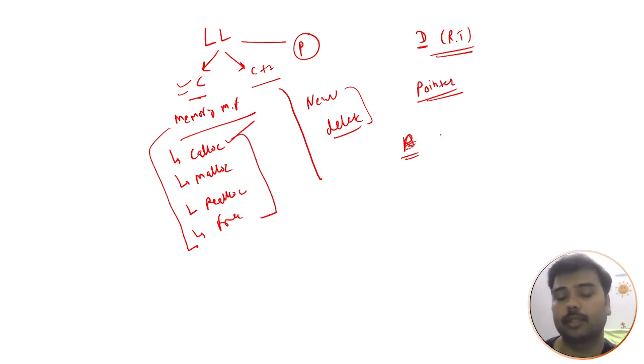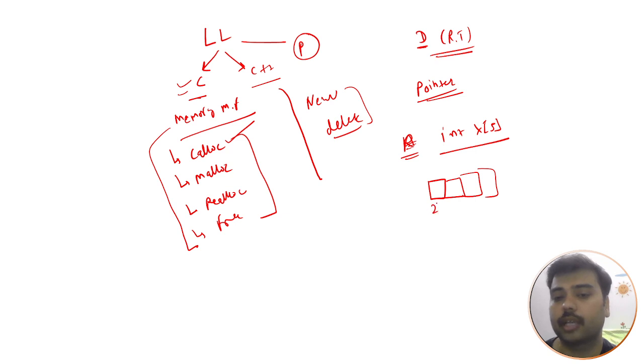For example, suppose I declare int x of 5. It contains 5 integers, which means all 5 elements have the same data type and the same size.